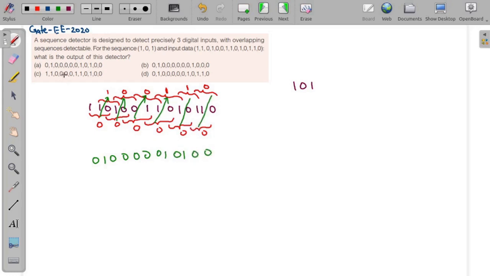So check which is the option, 0 1, then 4 zeros, then 1 0, okay, 0 1, then 1 2 3 4 5, 0 1 1 2 3 4 5, okay, then we have 1 0 1 1 0 1 0 0, okay. So our option A is the correct answer.